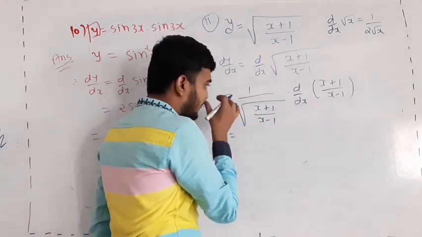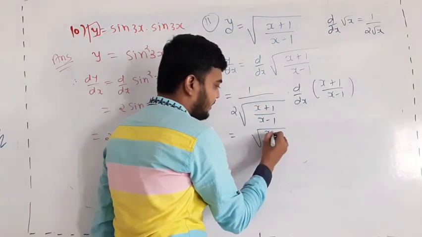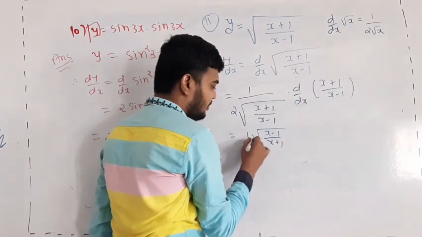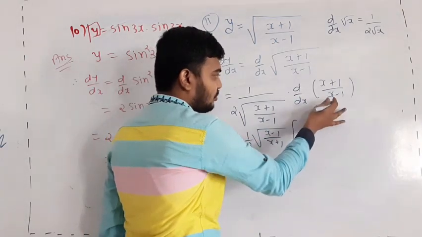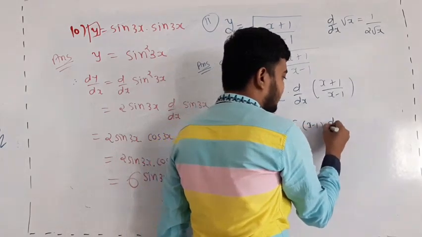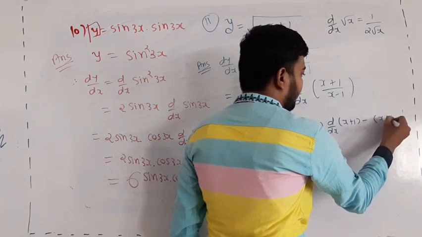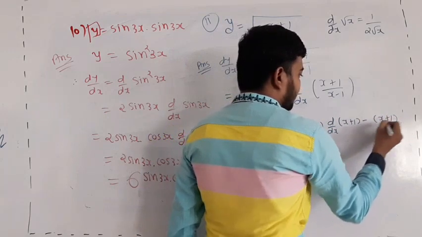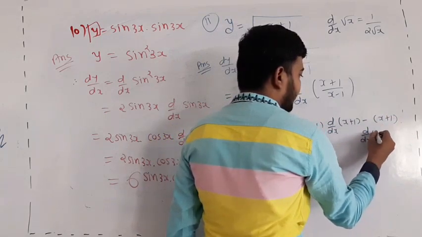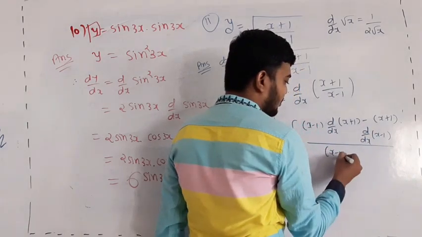The 1 upon root becomes the reciprocal, root of x minus 1 upon x plus 1, times 1 by 2, and here we use the division formula: denominator as it is times the differentiation of the numerator, minus the numerator as it is times the differentiation of the denominator, this whole term divided by the square of the denominator.